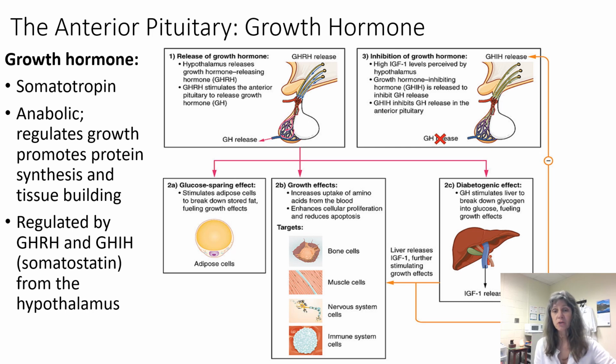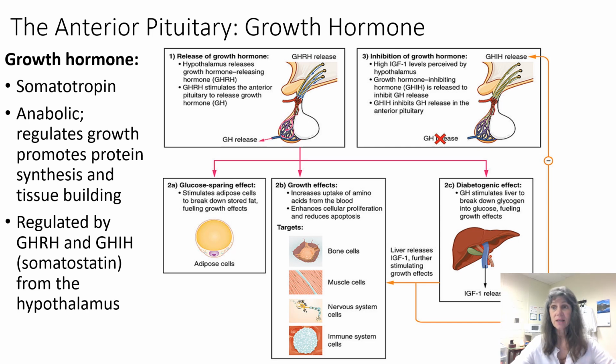The second effect of growth hormone is a growth effect, where there is actually an increase in the movement of amino acids into cells from the bloodstream to enhance the production of building proteins.